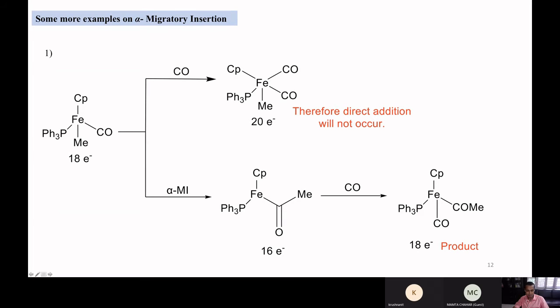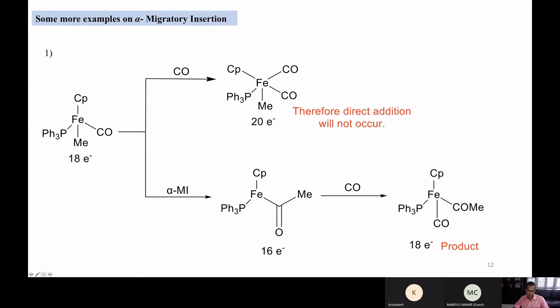Now you see what the electron count is. As I said, iron is a d6 system, or 6 electrons are there. Iron is 2 plus here as well, 1 minus, another minus. So 6 electrons, 6 electrons, 12 electrons, plus 2 electrons, 14, plus 2 electrons for this bond, right?